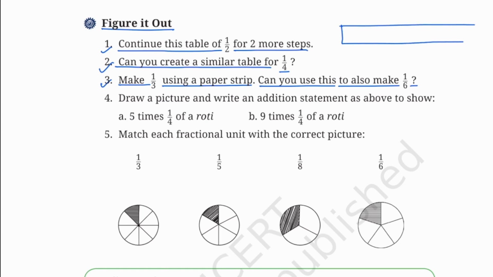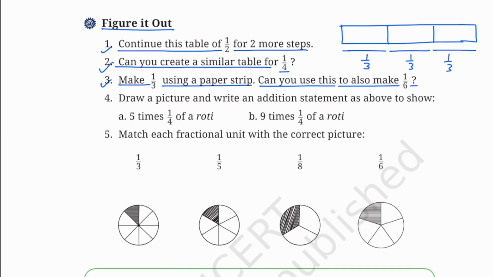If this is a 1 unit length paper strip, it should be folded in such a manner that it has 3 equal parts. One part will be 1 upon 3.